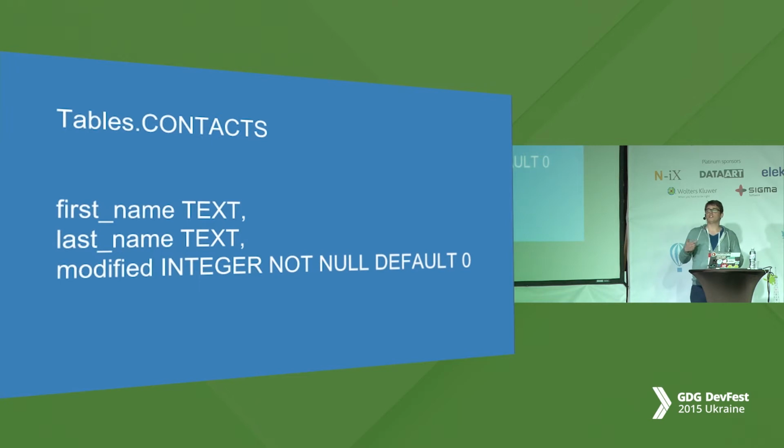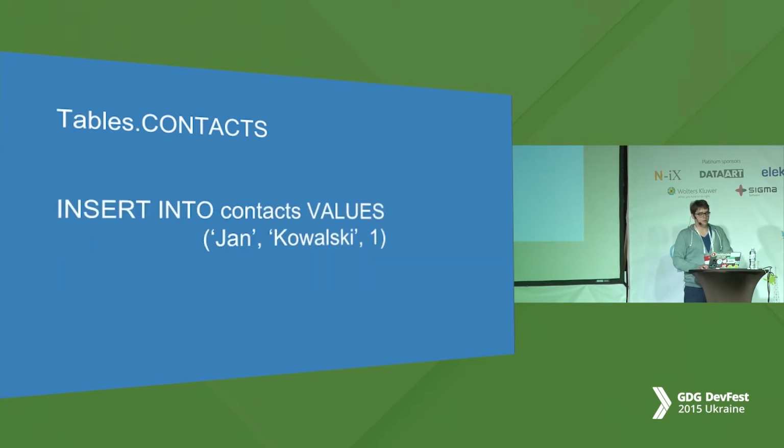So whenever you are changing something on your phone, you need to set that modified flag to 1 in order to let your synchronization process know that this data is modified and needs to be sent in the next synchronization cycle, okay? So let's say that we are inserting a new contact and we are setting that flag to 1 just to make sure that this contact will get eventually synchronized with the server in the nearest future.